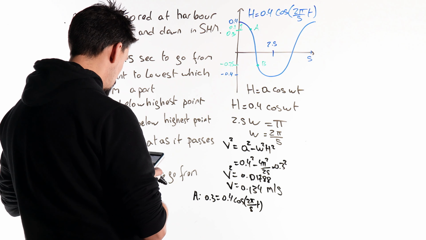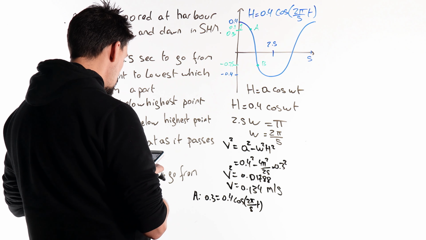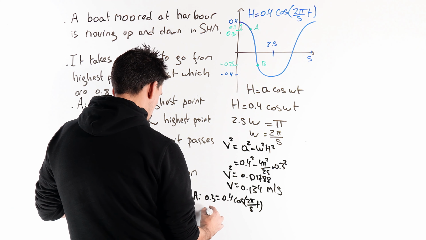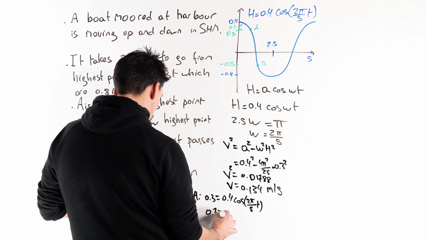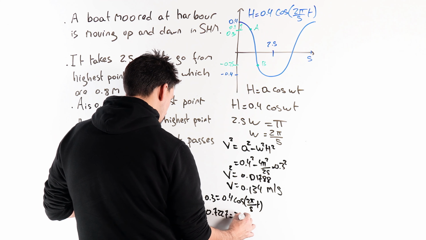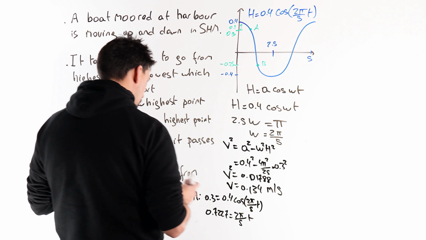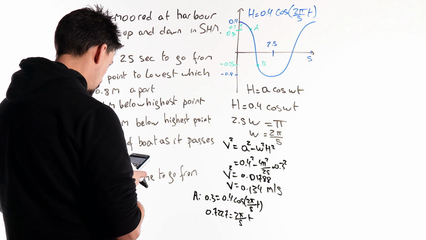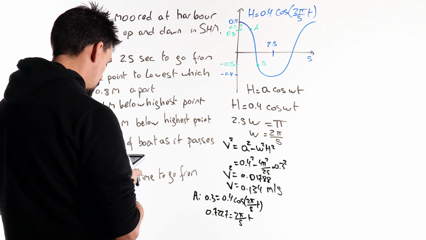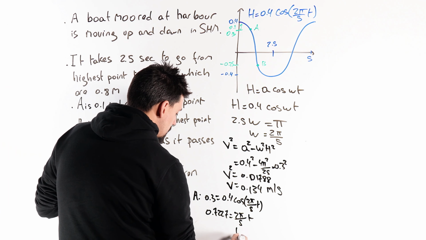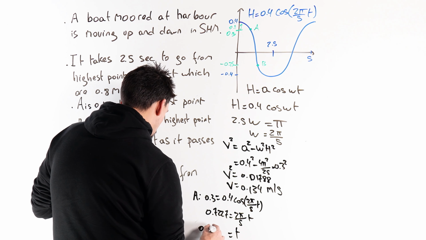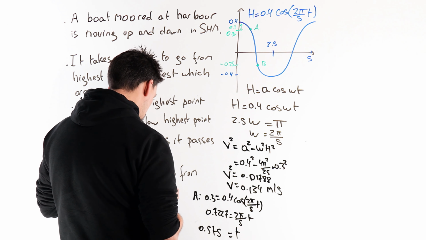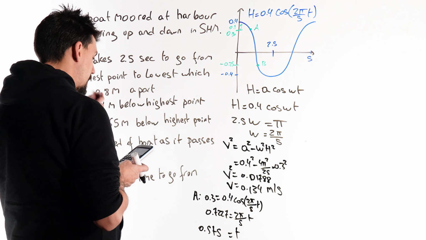Shift cos of 0.3 over 0.4. So I get 0.7227 is 2 pi over 5 t. And that gives me a time of 0.575, and I'm going to store that as A, funnily enough.